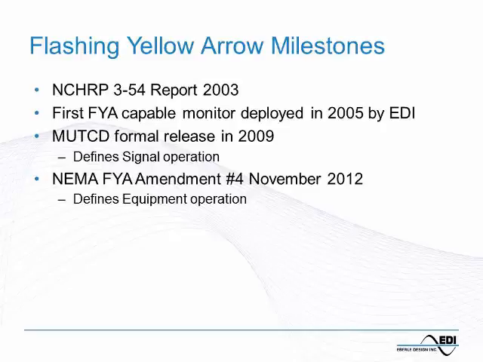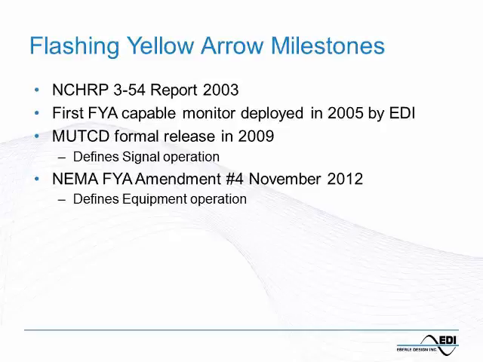EDI first got involved early back in 2005 to provide a monitor for these test intersections to do flashing yellow arrow. In 2009, the MUTCD released their formal signal operation definition of flashing yellow arrow, what the signal faces look like, how they're oriented, how they should operate, that type of information.